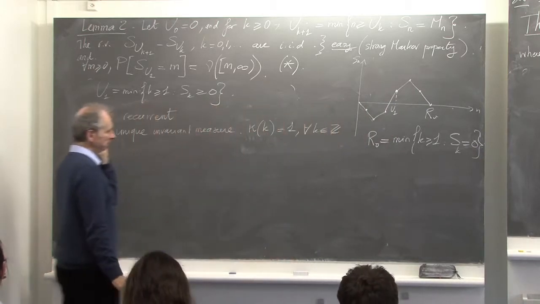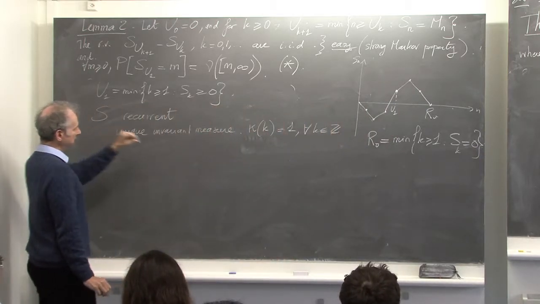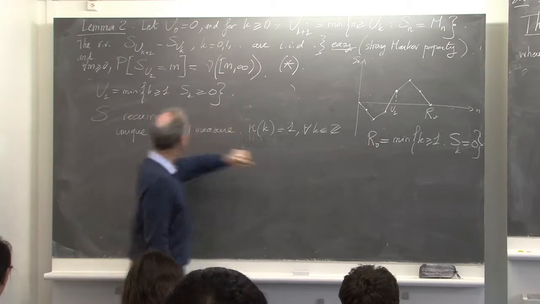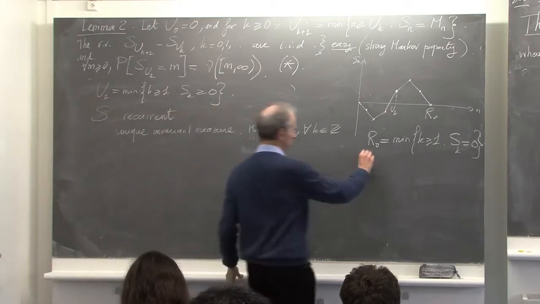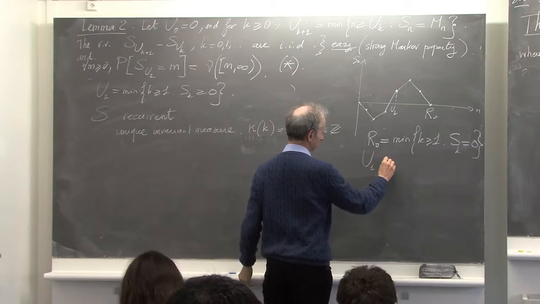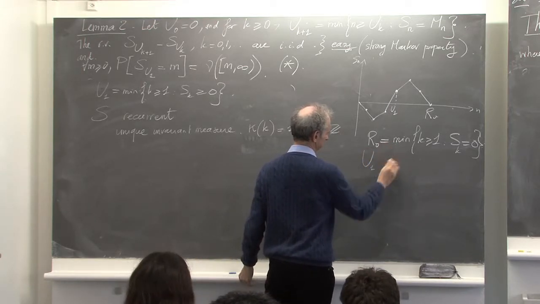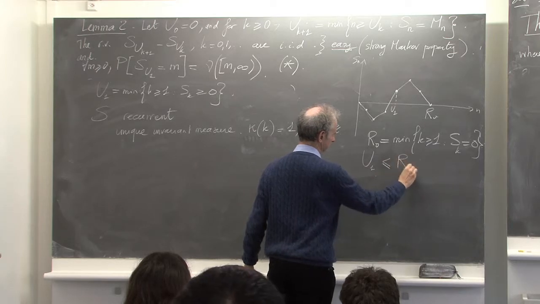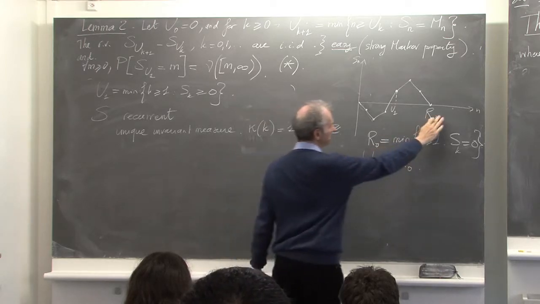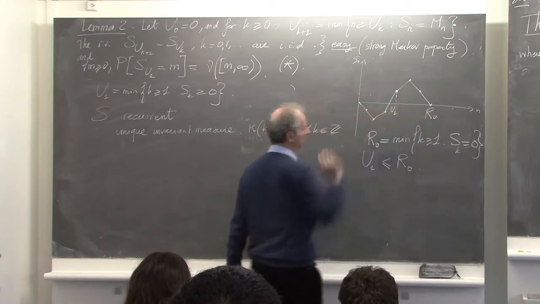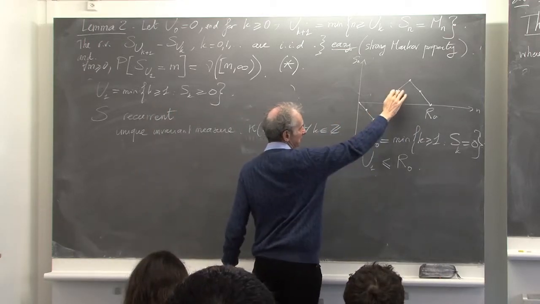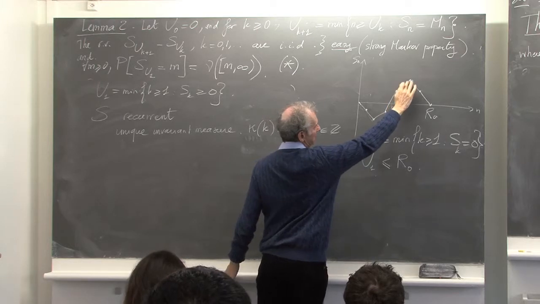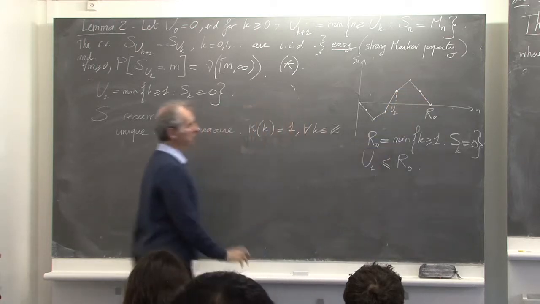Looking at the definitions, this R0 is always greater than U1. But you can have the situation where R0 is strictly greater than U1. If you cross the origin becoming strictly positive, then you will have to wait for some time until you go back to 0.